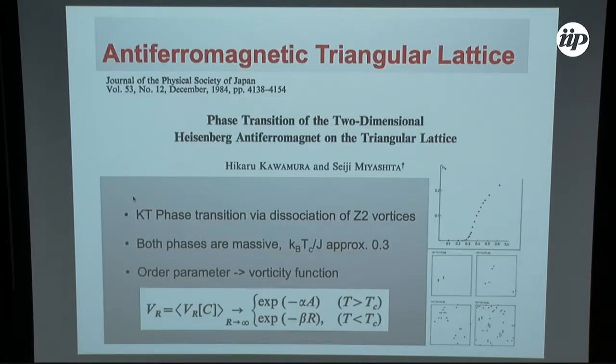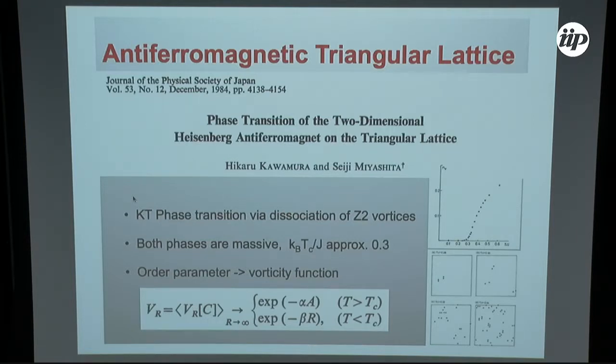Okay, so let me say some words about the antiferromagnetic triangular lattice. So one of the first papers that discussed the things I'm going to talk about was this Kawamura and Miyashita paper, where they have studied what happened with, well, this is a triangular lattice.